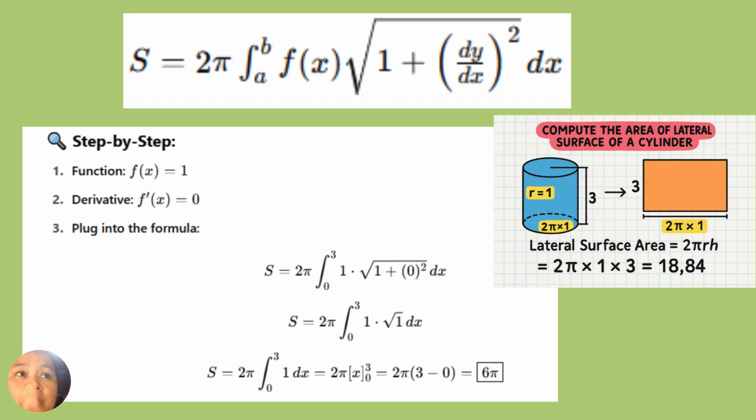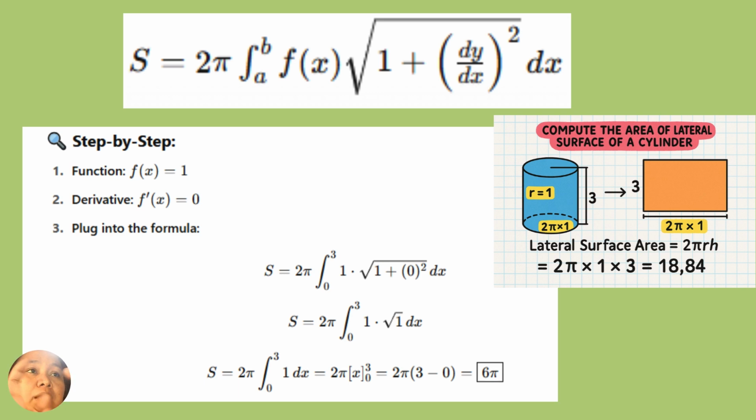So f of x is the radius, and the derivative of f of x is 0 because the derivative of 1 is 0. If we plug in the function and its derivative, we will get 2 pi integral of 1 times the square root of 1 plus 0 squared dx from 0 to 3.